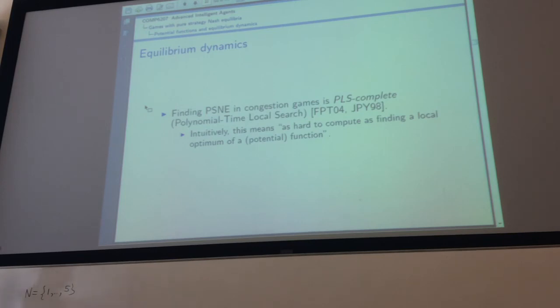In congestion games, there is always a potential function. All good. But eventually it will converge, not necessarily in polynomial time, and in fact the complexity of finding a Nash equilibrium is what is called polynomial time local search. That's intuitively the same as finding a local maximum of a function.